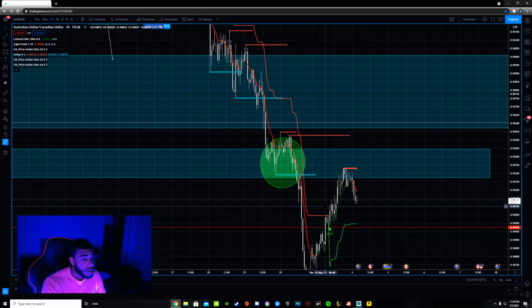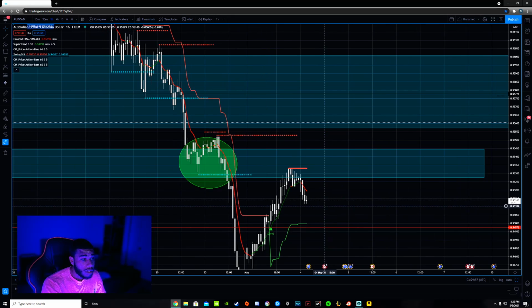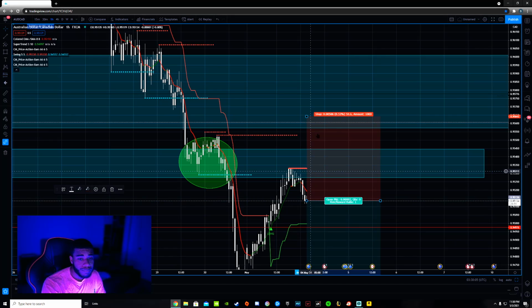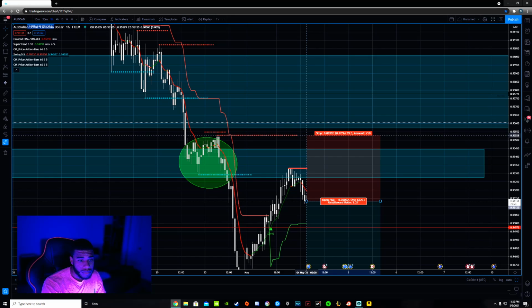So we're just going to set up this trade. I'm going to set up my stop loss and take profit based on what I viewed. So it's a sell. Price is right here. Where do we want our stop loss to be?